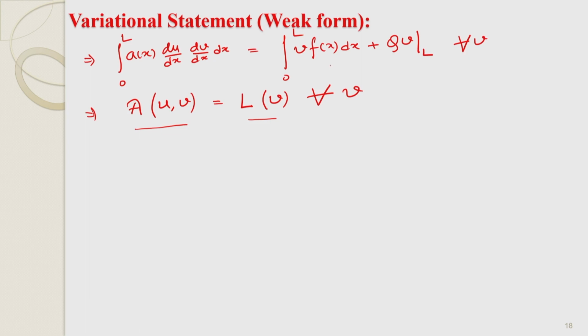And these two are integrals, these are the domain terms integrated over the domain, whereas this is only at x equal to L, because this is the boundary term. So, this form is called variational statement, or weak form.